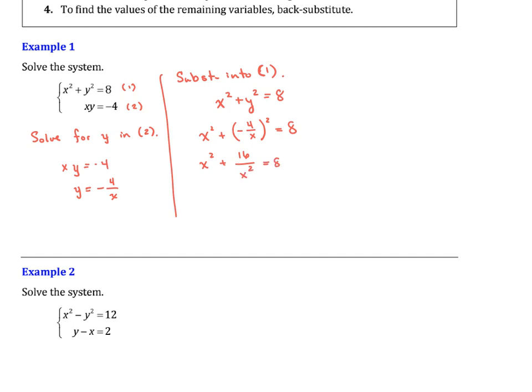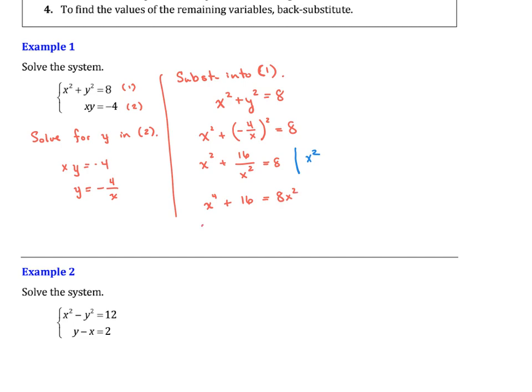To solve this, we can multiply both sides of our equation by x squared, and that will cancel all the denominators. So we would have x to the 4th, because x squared times x squared, then 16 over x squared, the x squareds would cancel, equals 8x squared.